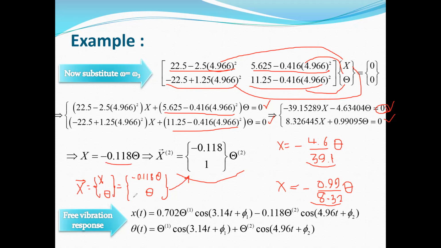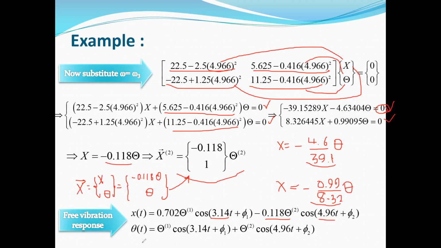response of the free vibration in this form, x and theta. In the vector form, you can write x and theta are equal to the combination of the first and second mode shape and the first and second natural frequency. Here you can see this is the first mode shape with the first natural frequency, and this is the second mode shape with the second natural frequency for the x(t).